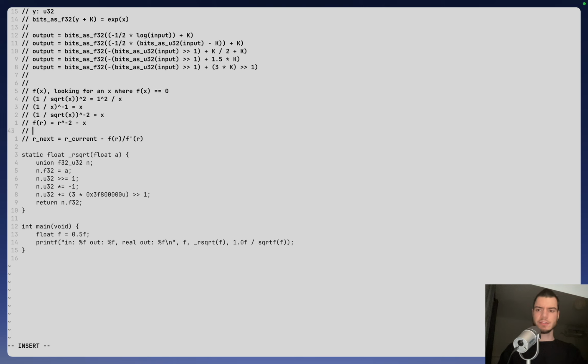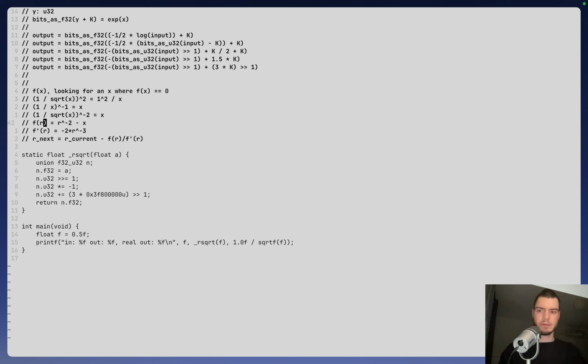So let's try to write down the derivative. F derivative of r is minus 2 times r to the power of minus 3, and that's it, because x in this case is a constant factor.